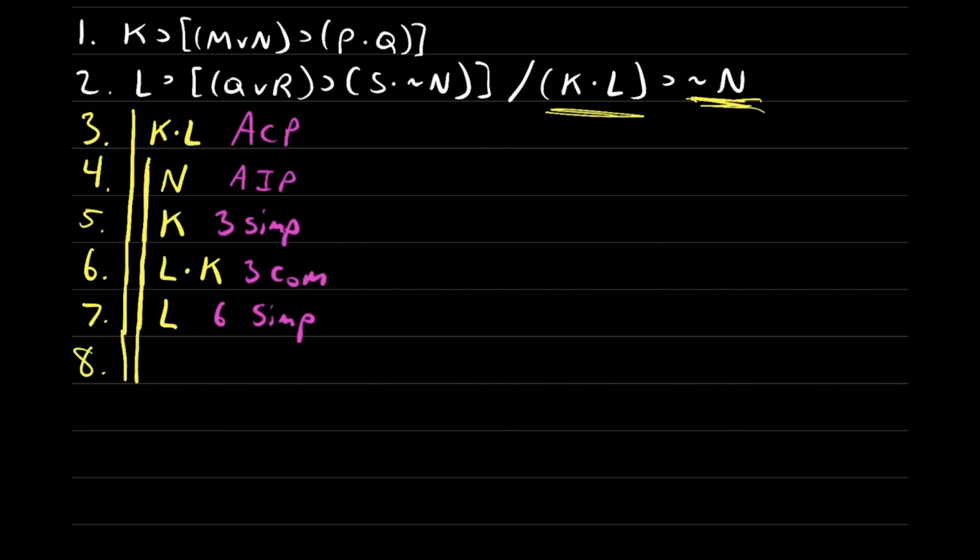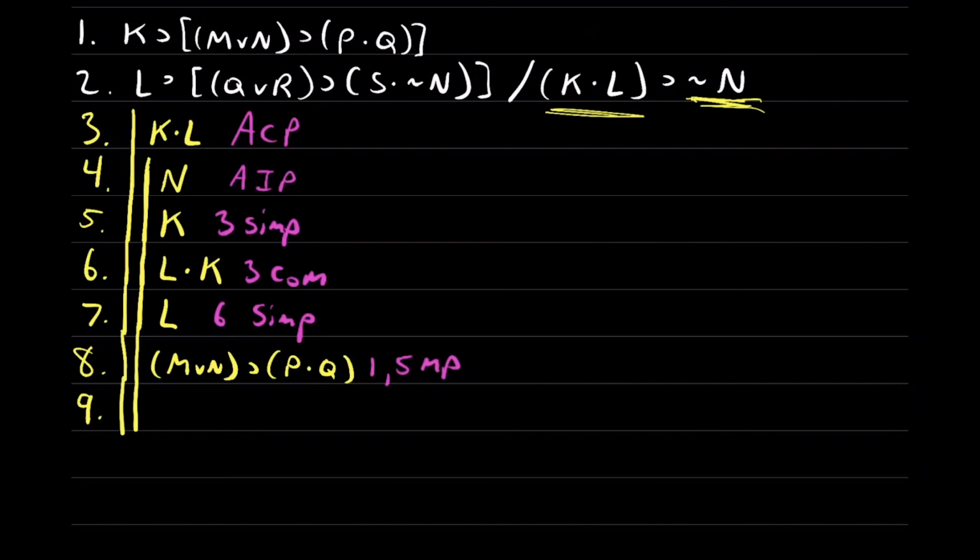From line 1 and line 5 now, I can get that entire expression in brackets inside line 1. So I'm going to get M or N implies P and Q. And that is going to follow from line 1 and line 5 by modus ponens. Okay, line 9, continuing my vertical sequences.